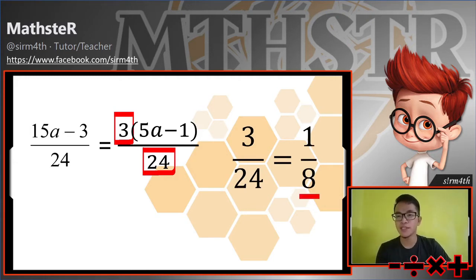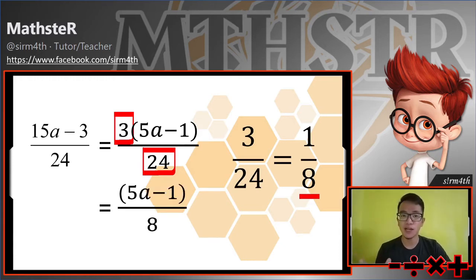So yung 1 over 8 na yan is gagamitin natin dun sa final answer ng ating 15a minus 3 over 24. So ano yung magiging itsura niyan? So sabi ko nga kanina, ang gagalawin lang muna natin is 3 and 24 at yung 5a minus 1, ikakopy lang natin dito. Yung 1 natin na nandito sa ating numerator, yun ay yung nandito sa labas.